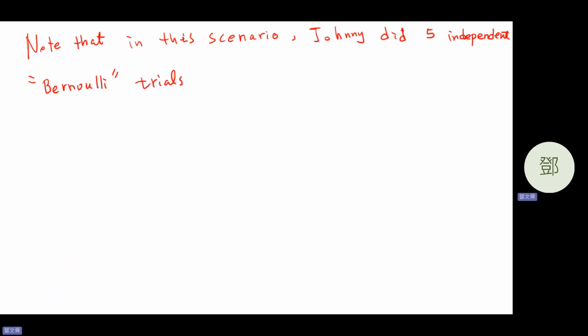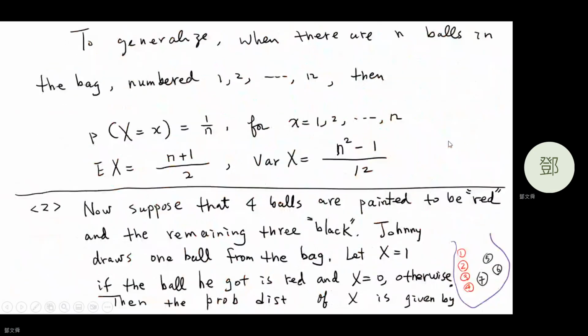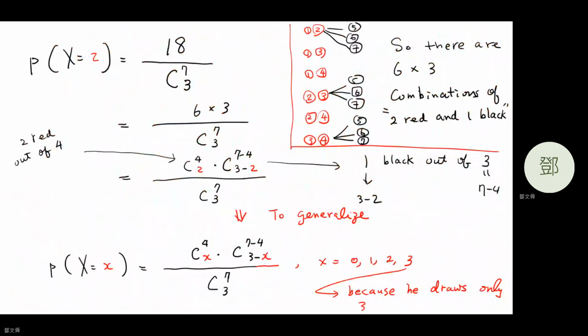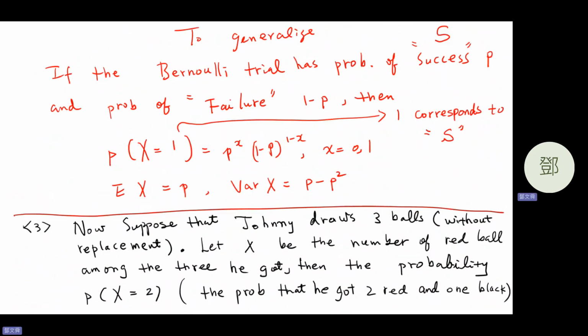So what is a Bernoulli trial here? A Bernoulli trial is an experiment that is done just once, with only two possible outcomes, which are either success or failure.